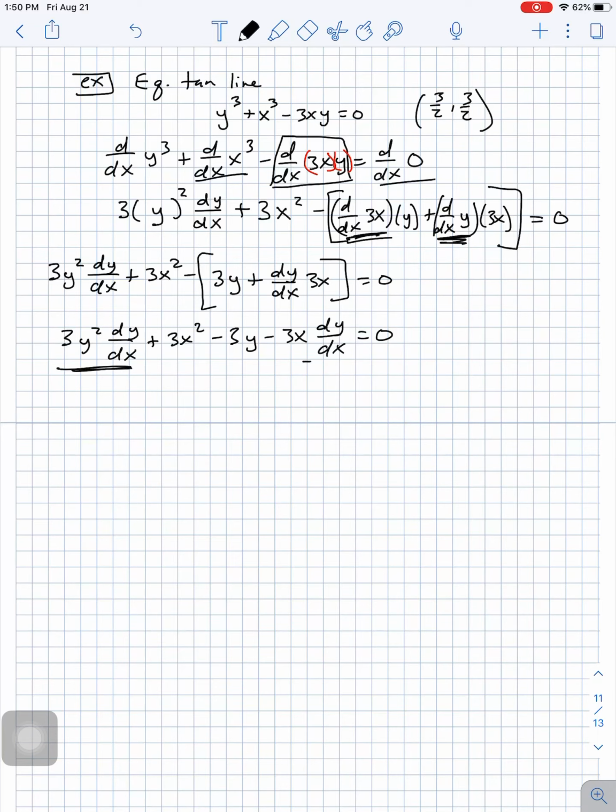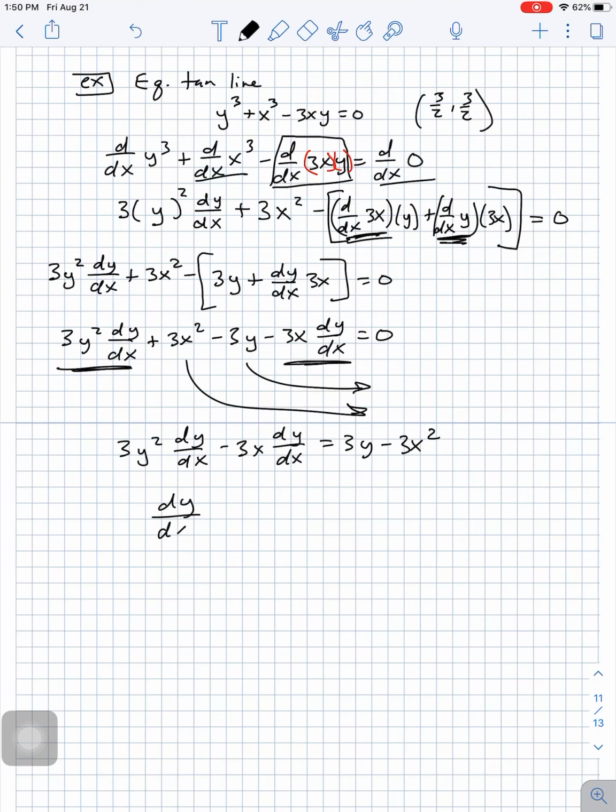And I've got 2 of these guys that I'm solving for. So I'm going to move these non-dy dx's over so that I group my dy dx's. So I get a positive 3y and a negative 3x squared.